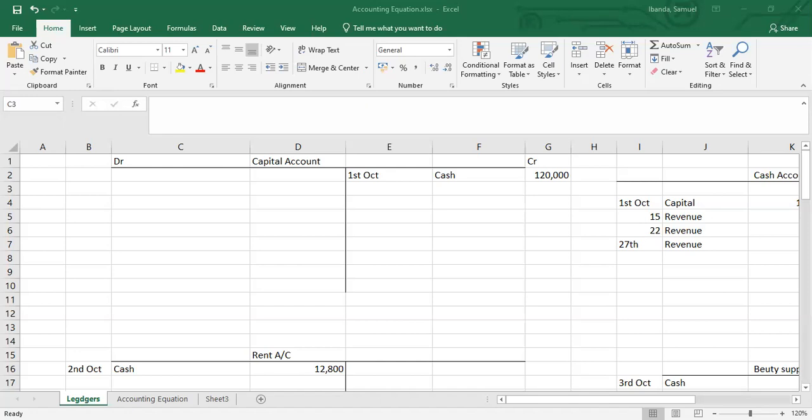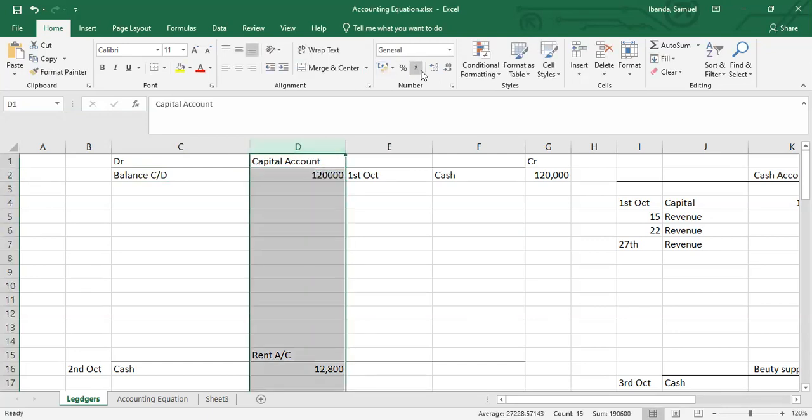So in this case, when you're balancing off your ledgers, we know very well that you look at this side and you also look at this side. The side that has the higher total will have a balance brought down, and the side that has the lower will have a balance carried down. So for example, in this case, our balance carried down was 120,000, which was the difference.